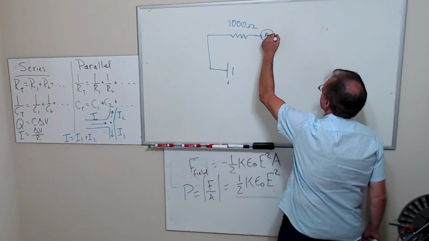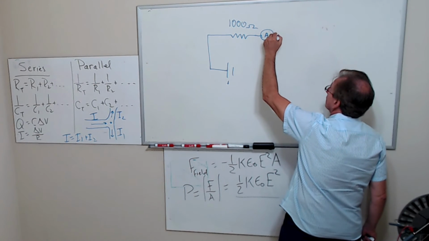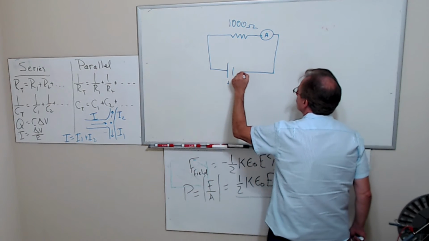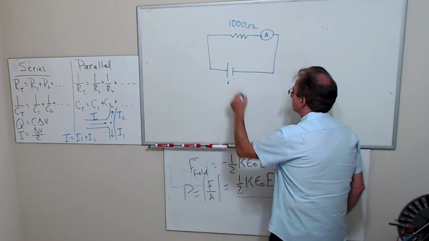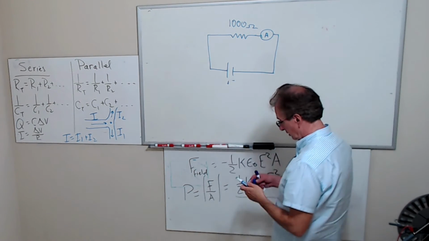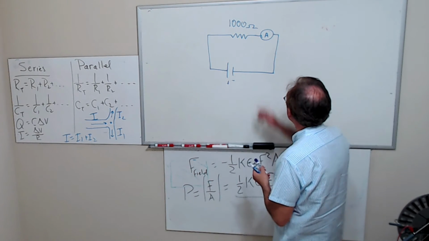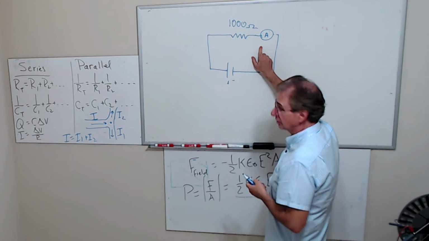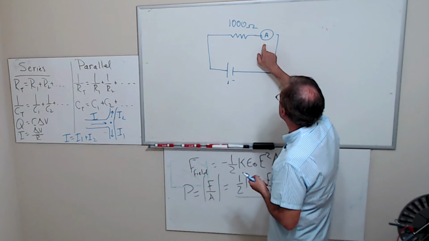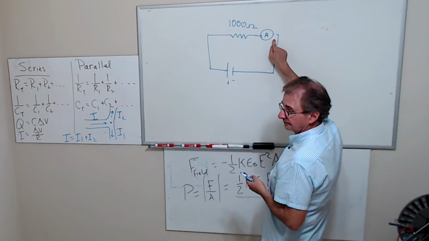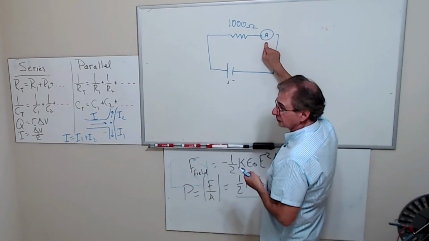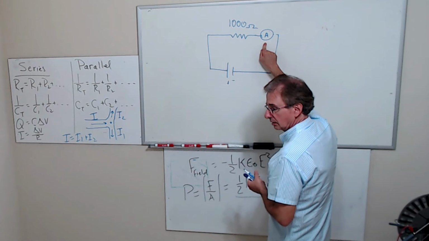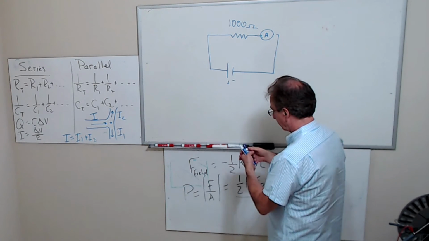Then you take another wire that goes from the common of the ammeter and connect it to the negative side of the battery. And what's important is that you really should have this not connected until you're ready to make measurements. And you should actually disconnect it, switch to the correct setting on the meter, and then make your final connection.